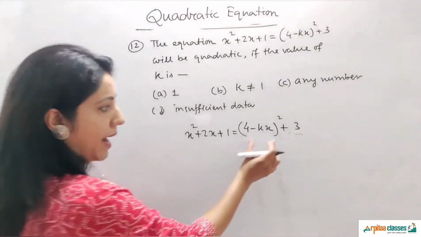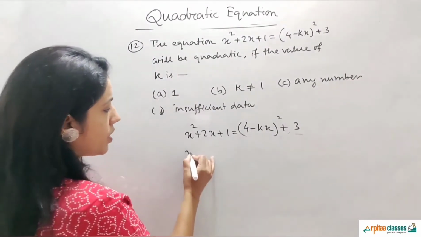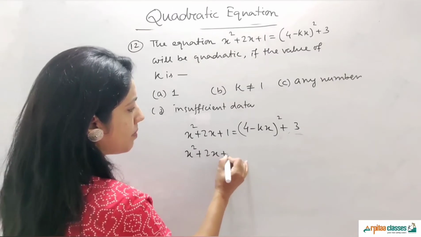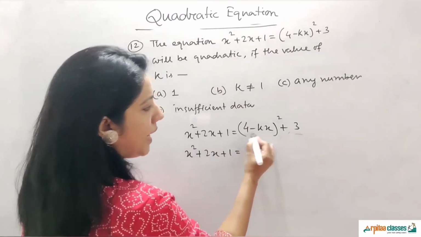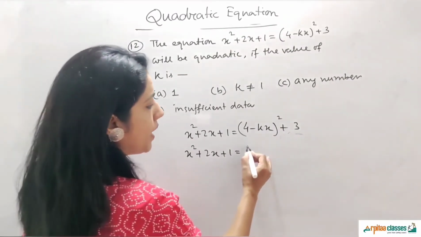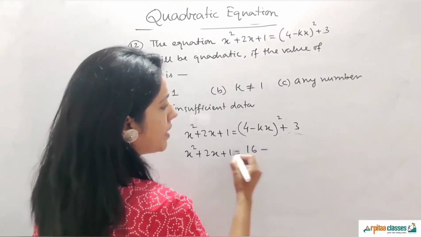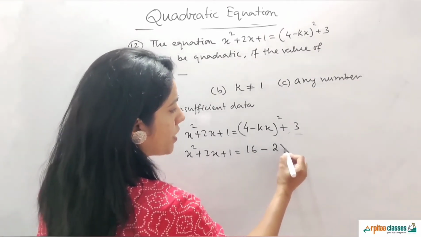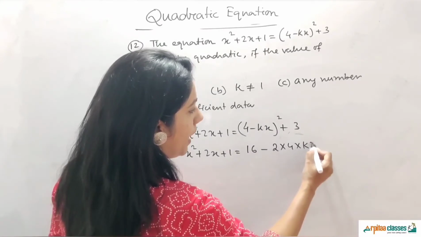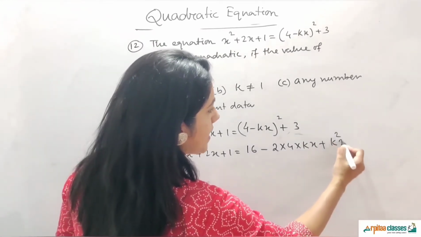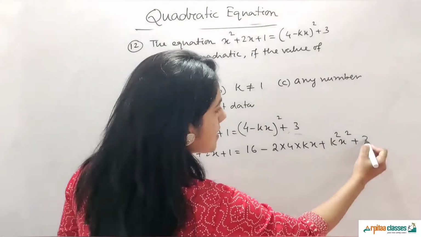Let us expand this factor. So this will be x square plus 2x plus 1 is equal to a minus b whole square. So that's a square minus 2 into a into b. So 2 into 4 into kx plus b square, that's k square x square plus 3.